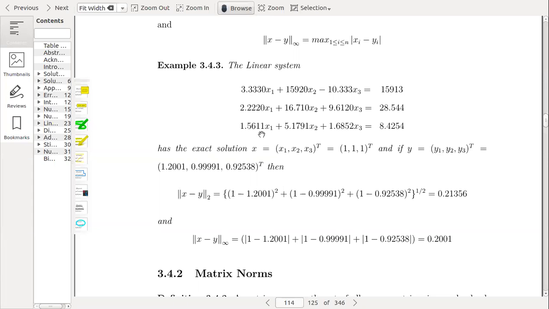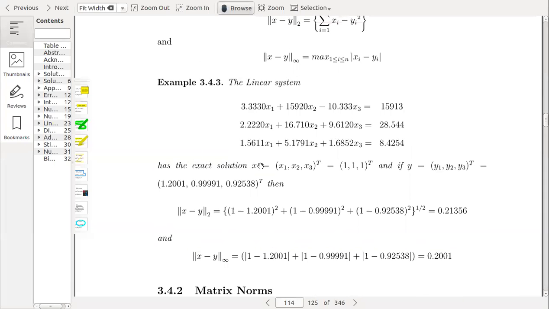Next is 1.5611x1 plus 5.1791x2 plus 1.6852x3 is equal to 8.4254. The exact solution is x equal to x1, x2, x3 transpose, which is equal to 1, 1, 1 transpose.